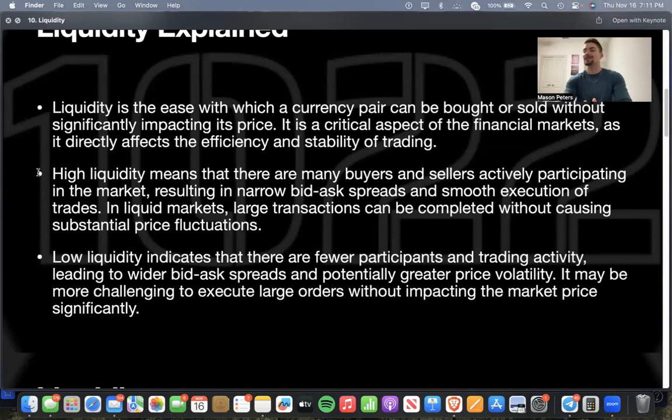So high liquidity is always going to be around the New York session, London session, and any time during really active trading hours. Low liquidity indicates that there are fewer participants and trading activity, leading to wider bid and ask spreads and potentially greater price volatility. It may be more challenging to execute large orders without impacting the market price significantly.